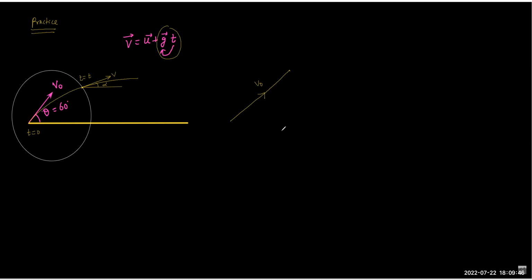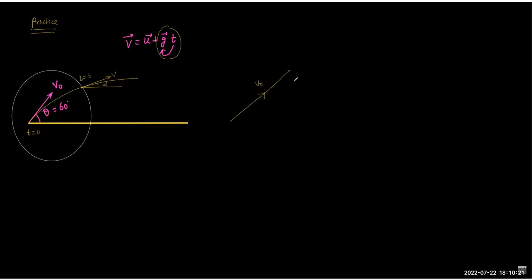So just draw this triangle, which can take care of the theta and alpha. Once you master this, things will be quite easy for you going forward. All right, so you can try this.